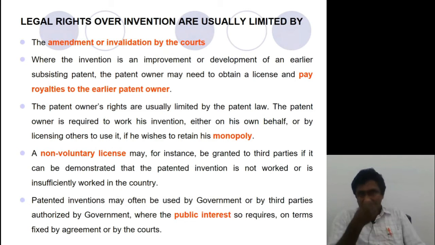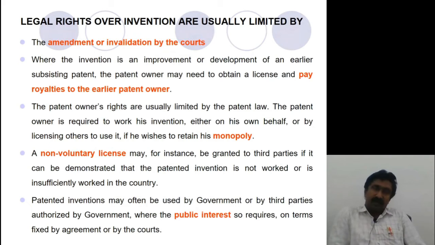So that's one of the aspects of non-voluntary licensing in case of a patent. The patented invention may often be used by the government or by third parties authorized by the government where the public interest so requires, on terms fixed by the agreement or by the courts. So these can be granted to third parties or authorized by the government.